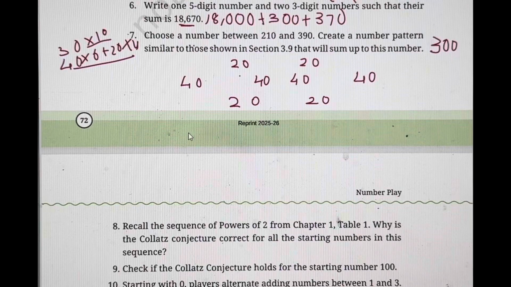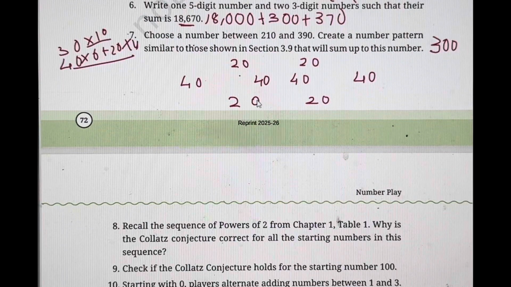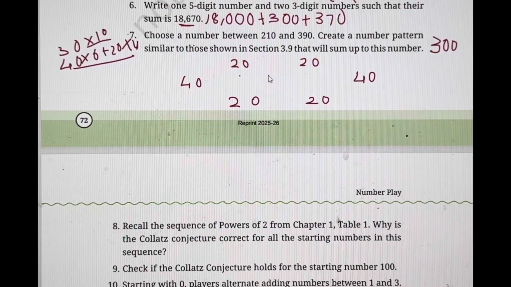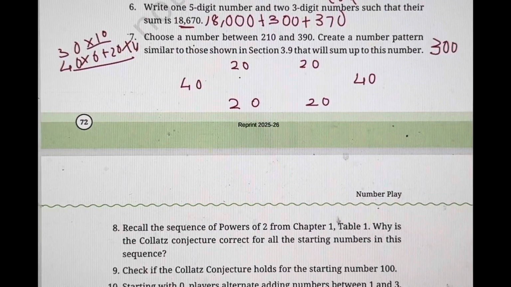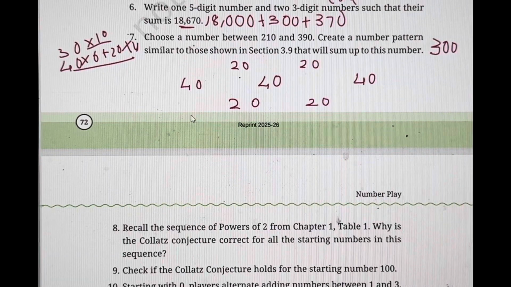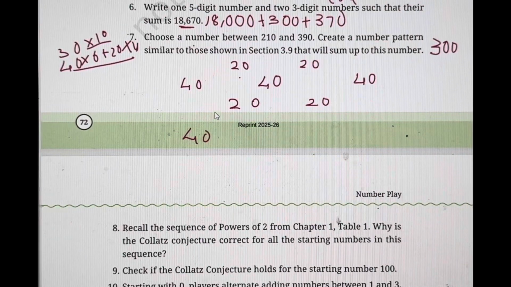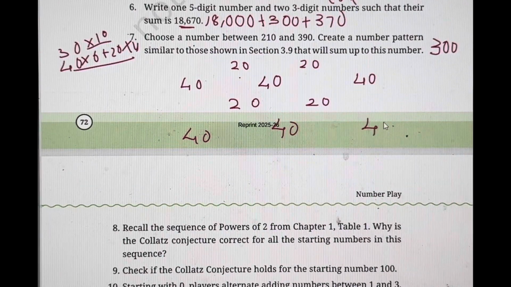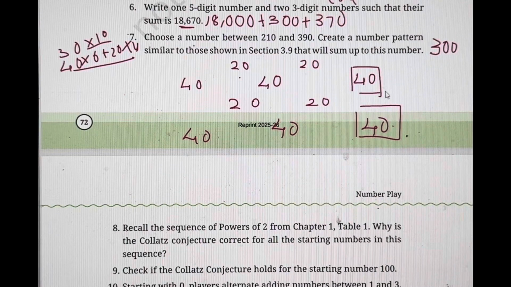We need 6 40s actually. So what we'll do, we will keep only 140 over here. So you want a pattern also, not only the numbers, but a pattern. So 3 we have included over here. So 3 more you can write over here, and you can make a box around it or a circle around it and create a pattern.